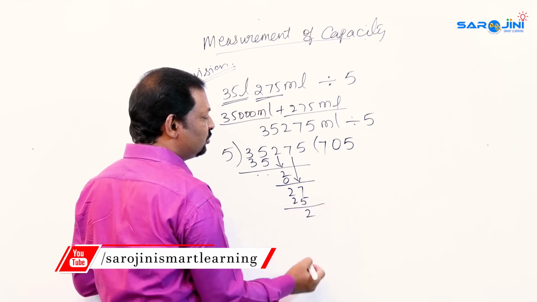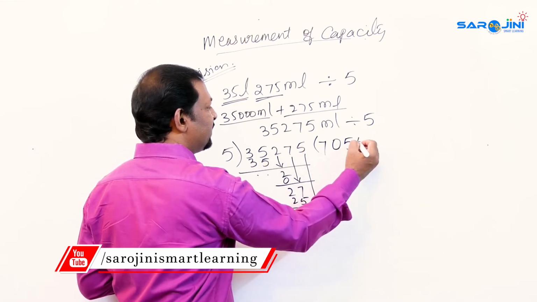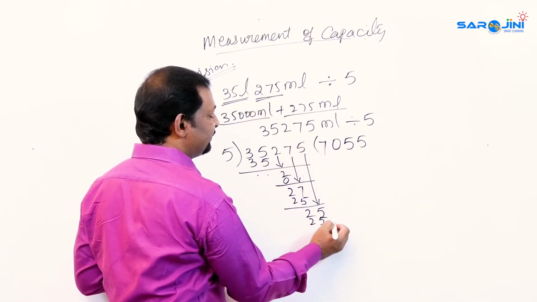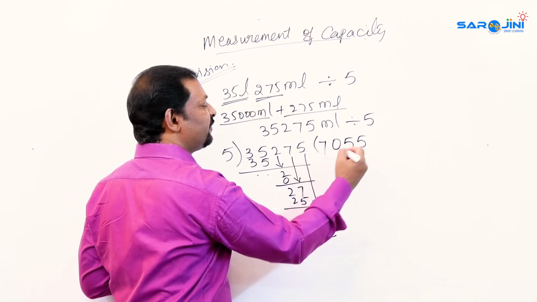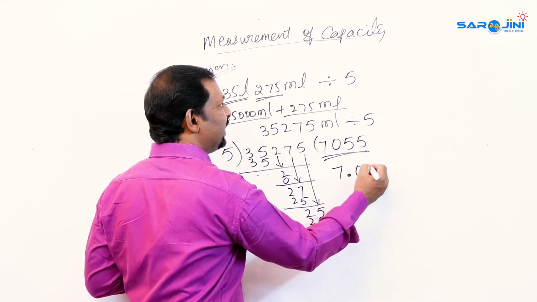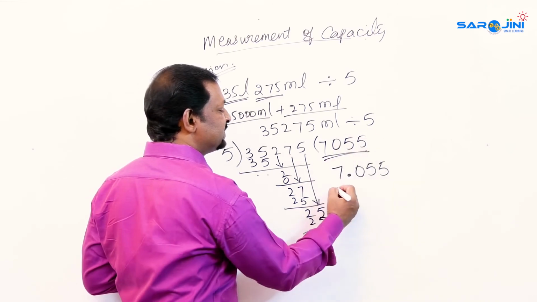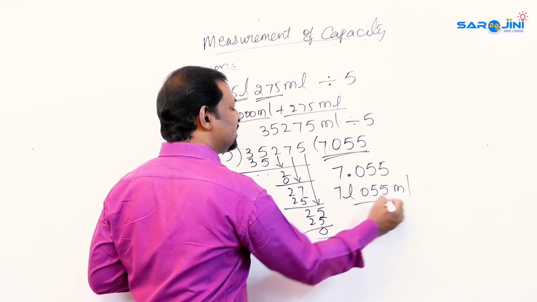Here you are left with 2 and bring down this 5, that is 25. So 5 5s are 25. So the answer is 7005. It is nothing but 7.055. That means 7 liters and 55 milliliters is the answer.